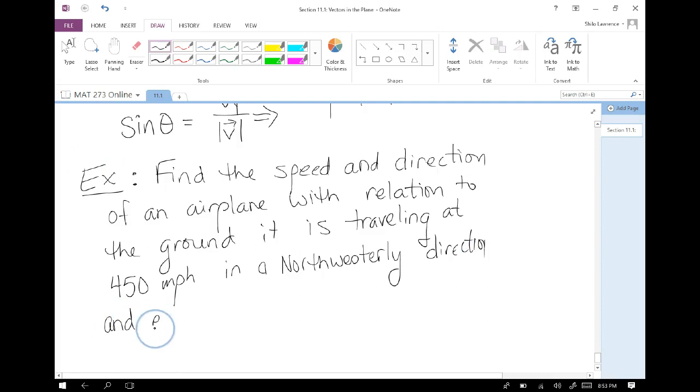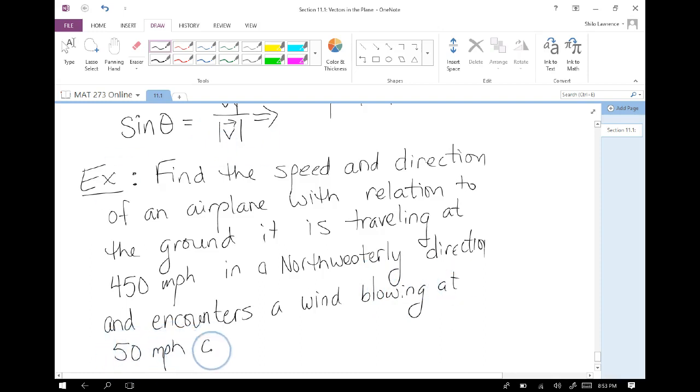And it encounters a wind blowing at 50 miles an hour, coming from the west.